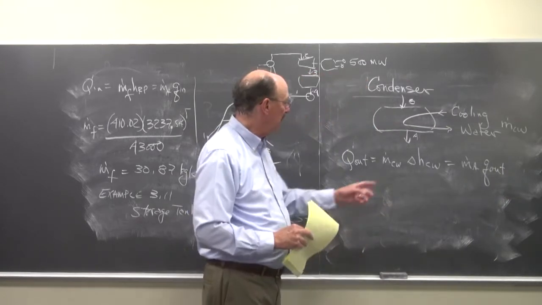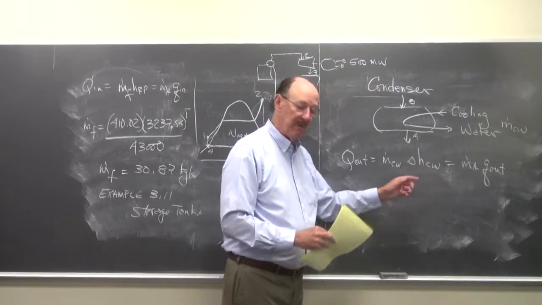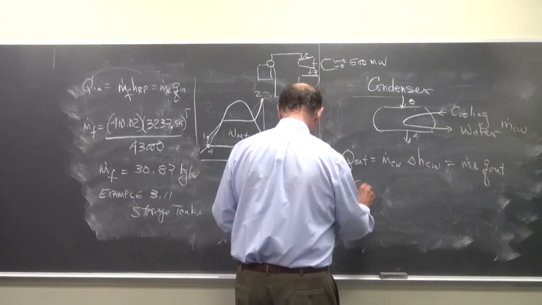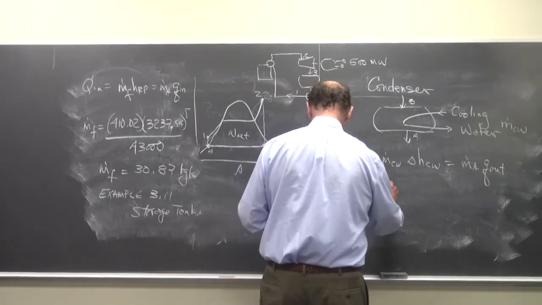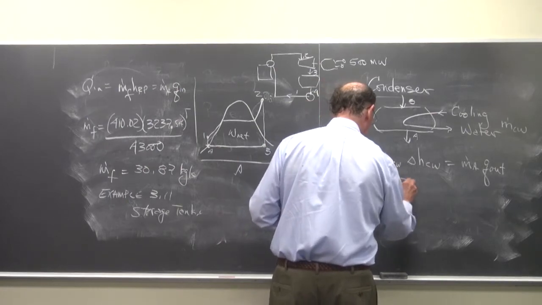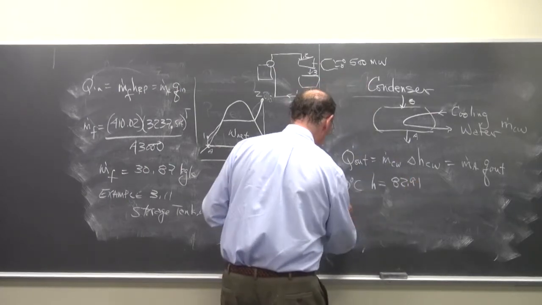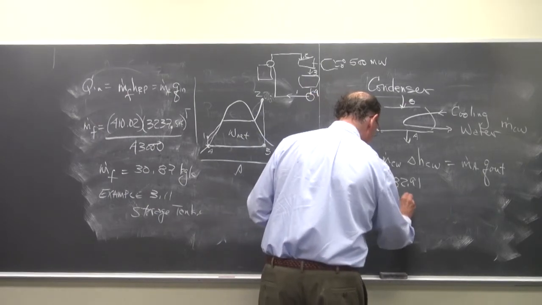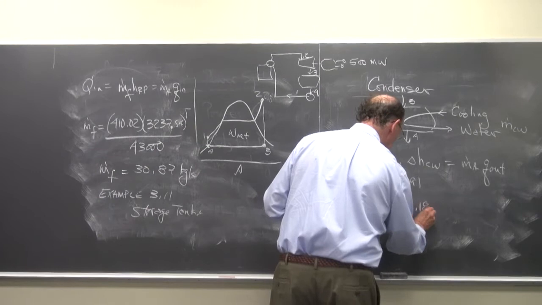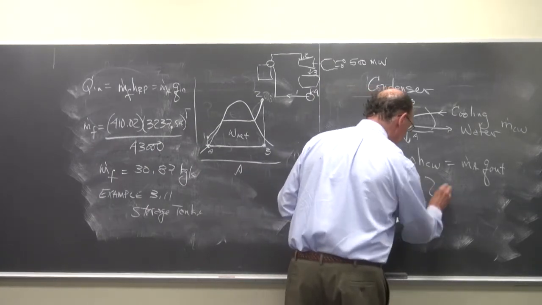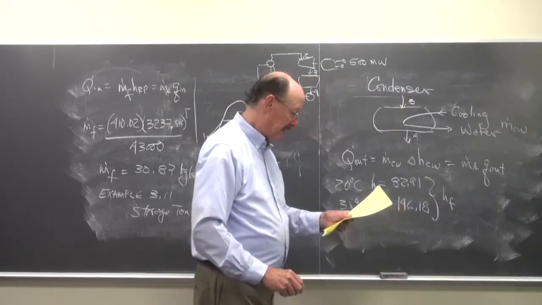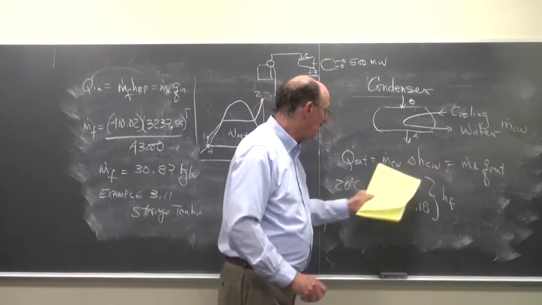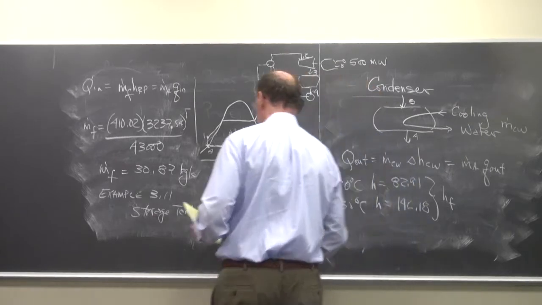And so now I'll give you an example of what the H's are. So let's say at 20 degrees C in 1 atmosphere, H is equal to 82.91. At 35 degrees C, H is equal to 146.18. So these are H sub F. So you're going to check that out. Then what I can do is use this and solve for the mass flow rate of the cooling water.